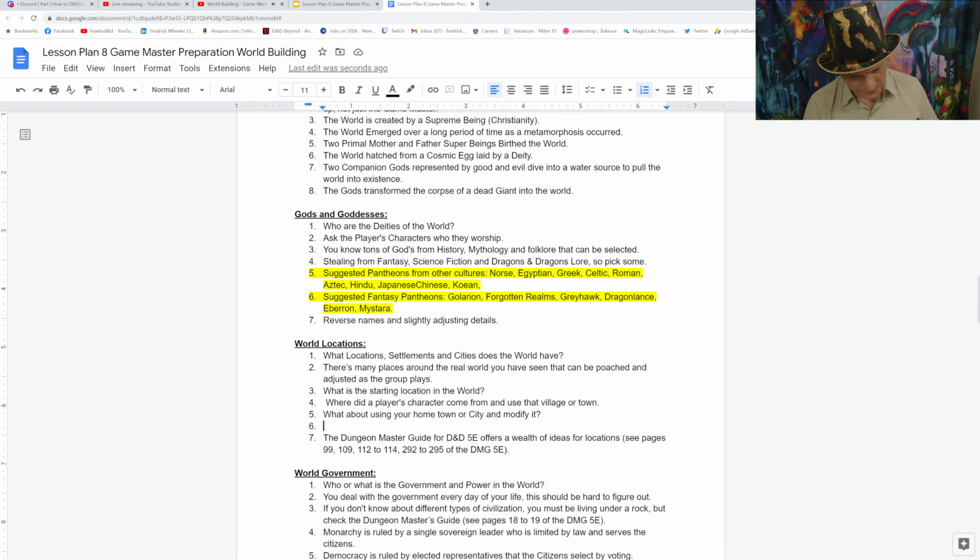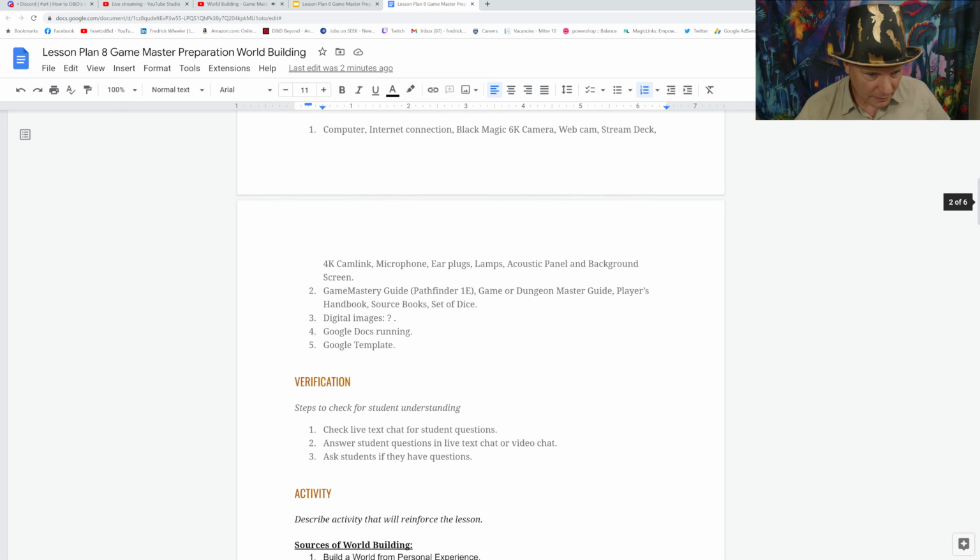Okay, so there's definitely a section on locations that they have here. 100 city locations. Oh my gosh. There's quite a bit. And then they break it down again. I don't even know if I can specify specific pages. There's so much there.